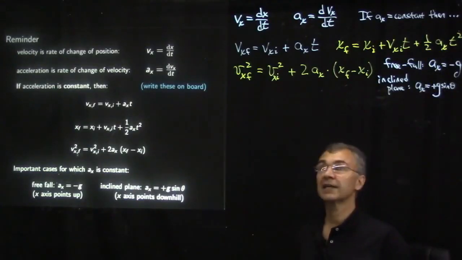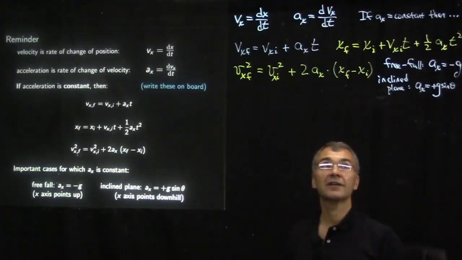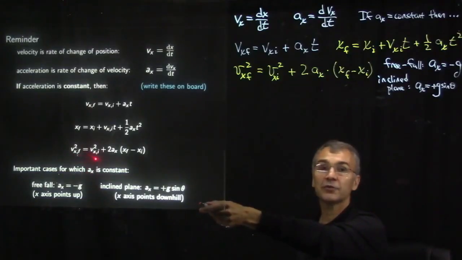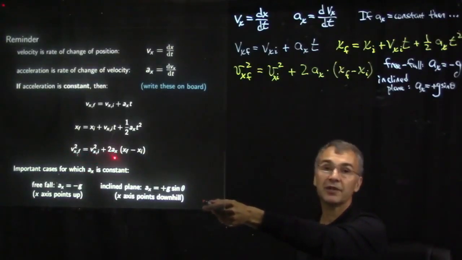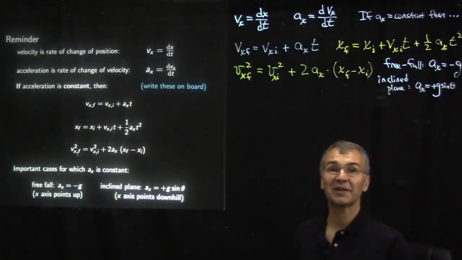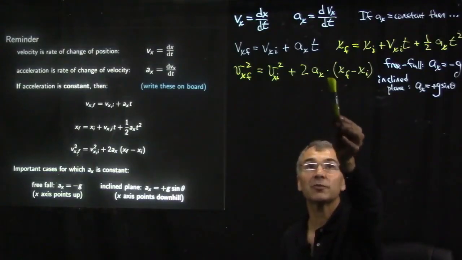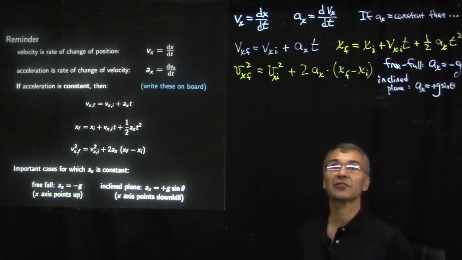And then if you combine these two and eliminate the time, you can get that vx final squared equals vx initial squared plus 2 times a sub x times x final minus x initial.